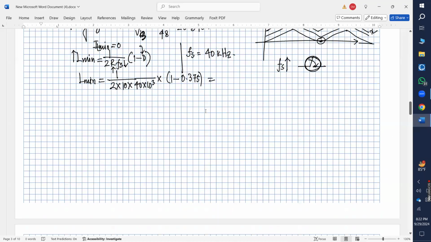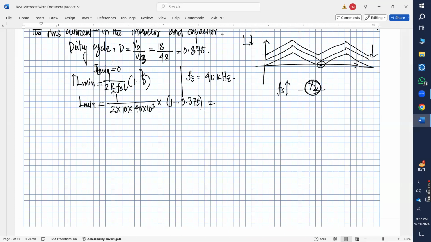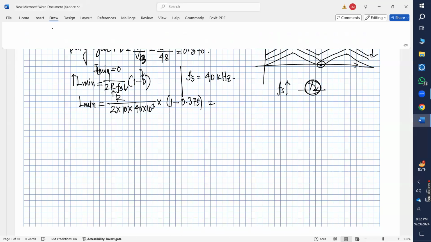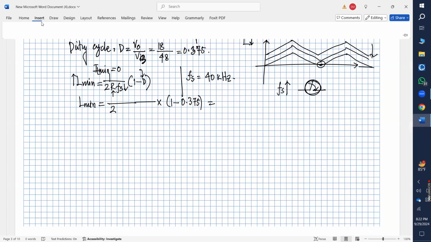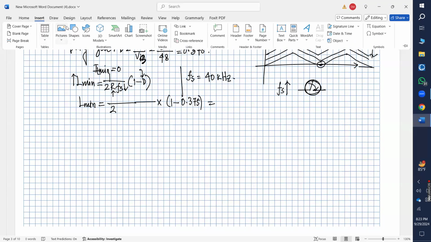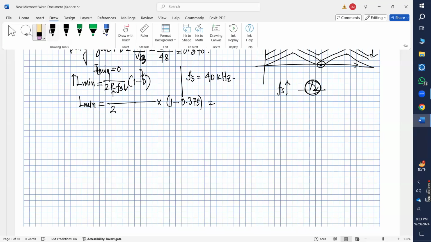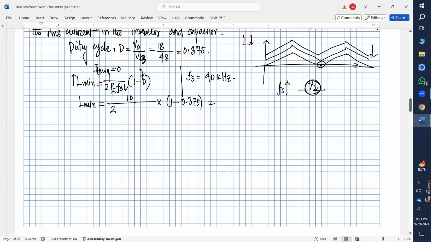So if you put R at the top, your R value should be at the top, and R should not be here. So 2 multiplied by 40 into 10 to the power 3.